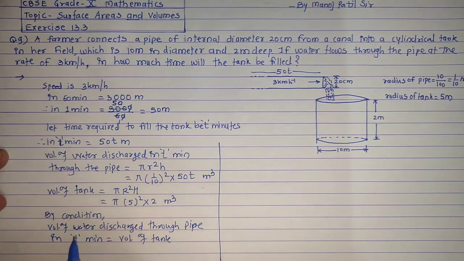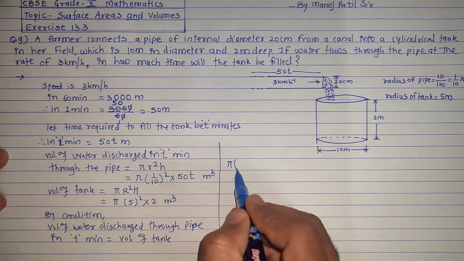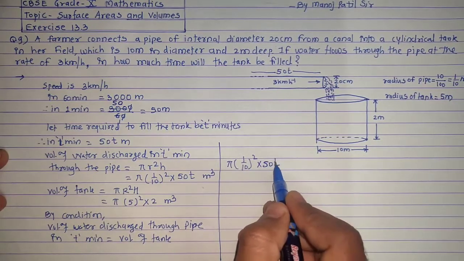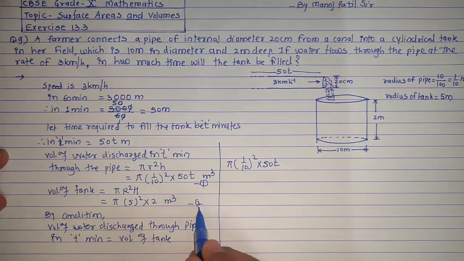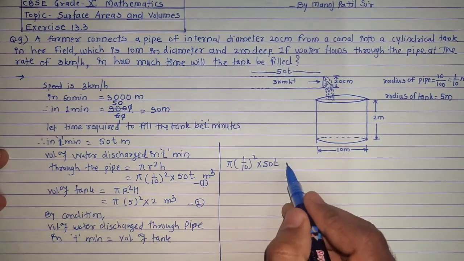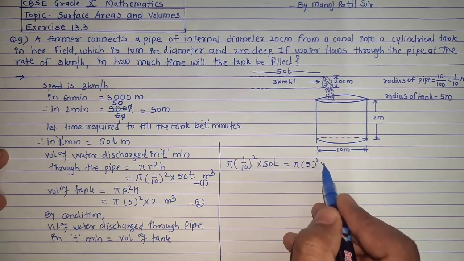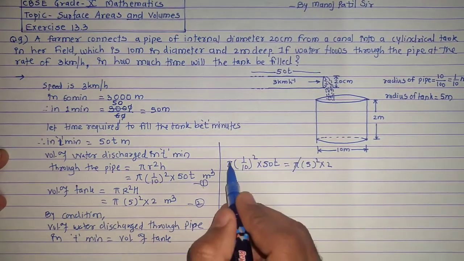So what is the volume of water discharged through pipe in t minute? That is pi into 1 upon 10 bracket square into 50 t, right? This can be the equation number 1 we can say, and this can be equation number 2. Is equal to what? Is equal to volume of tank, pi into 5 square into 2, right? From equation 1 and 2, here pi will get cancelled.